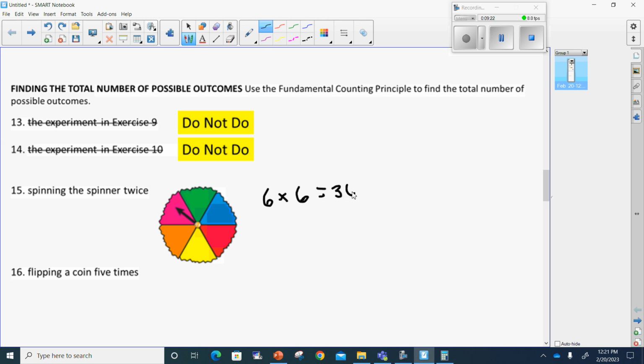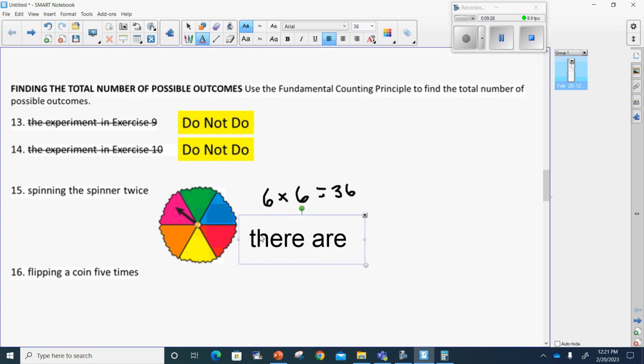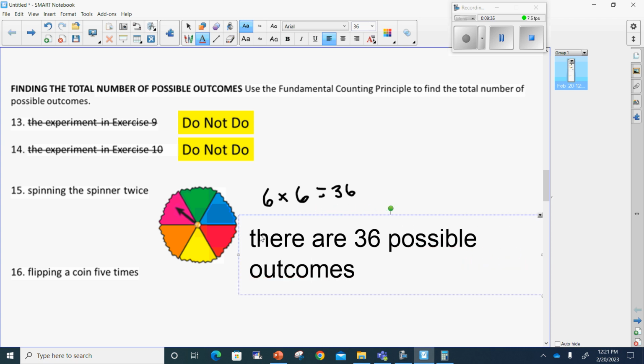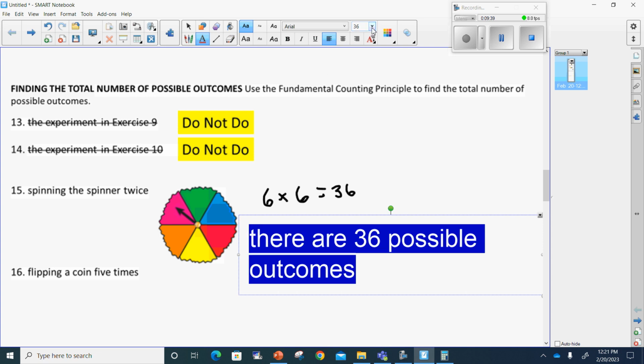That means there are 36 possible outcomes. Ooh, made that kind of big. Let's change that font to, let's try 16.